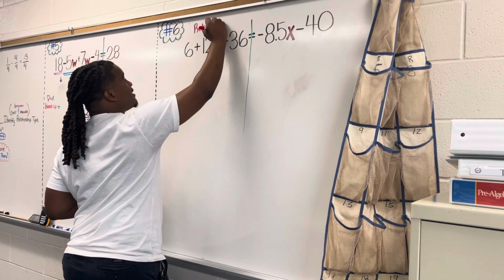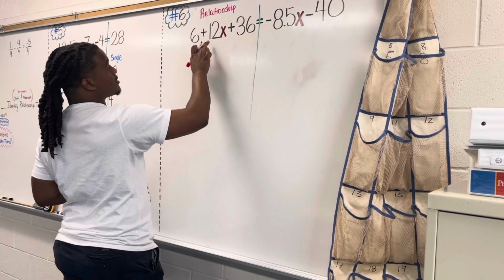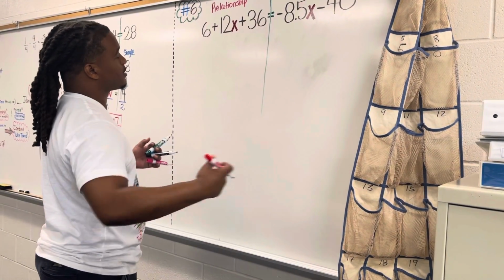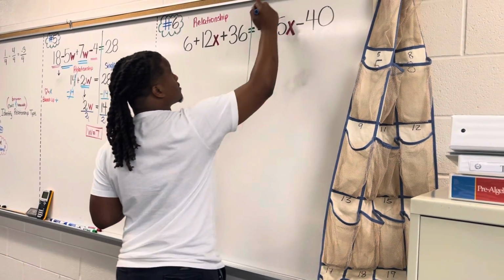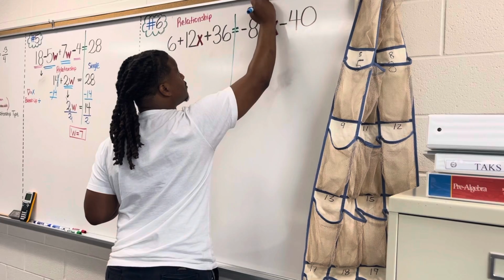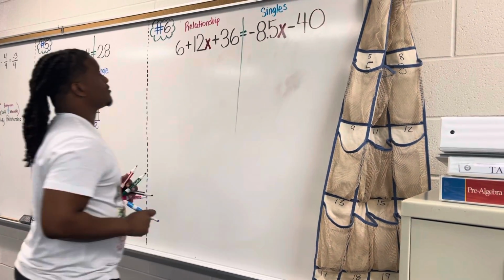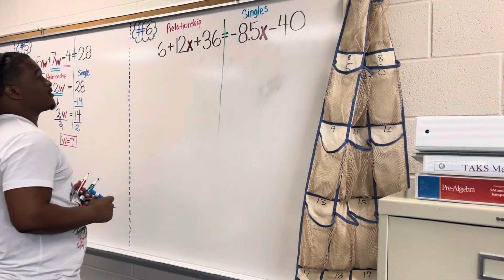Relationships just mean the variable and the coefficient, the value attached to the variable. I call that a relationship because it looks like they are holding hands. And the opposite side is all my constants, all my single numbers, all my singles.